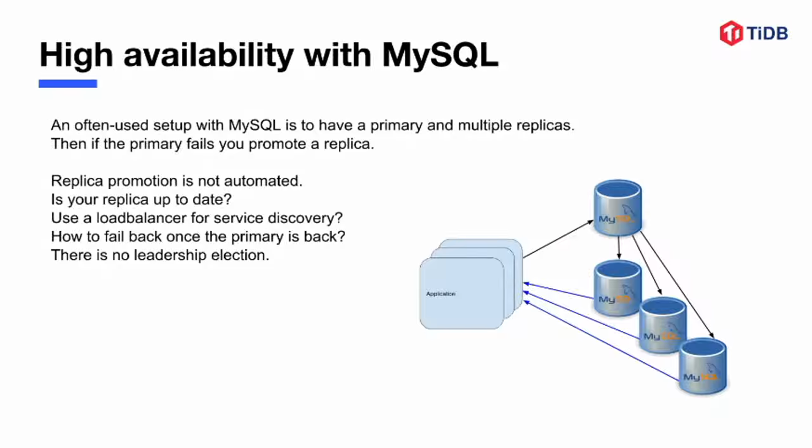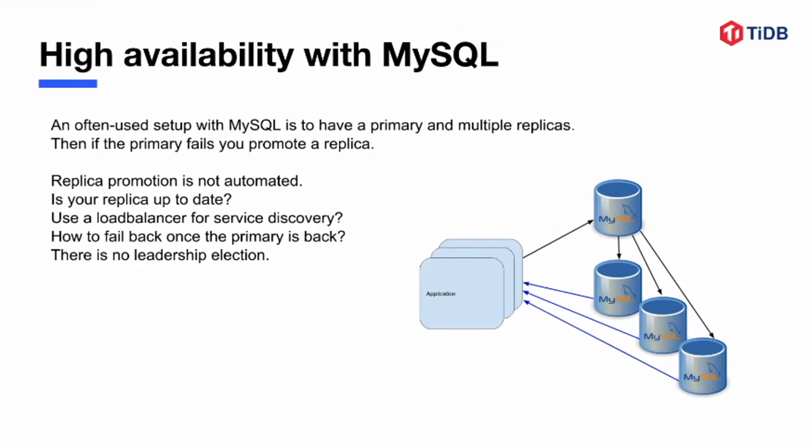This all seems to be fine, but there are a few issues with this whole setup. The first thing is that if the primary fails, you need to promote a replica, and this is not automated. These are just manual steps, and of course there are ways to automate this, but that's not built into the product.